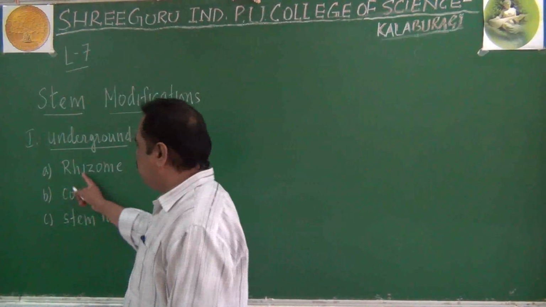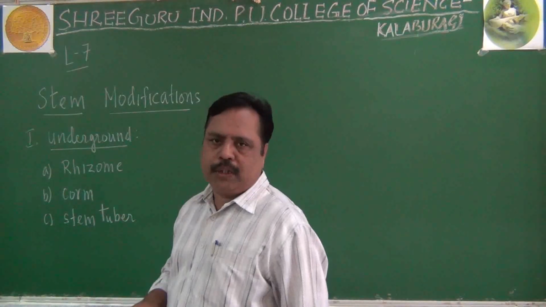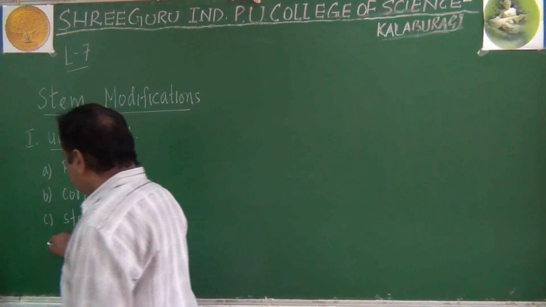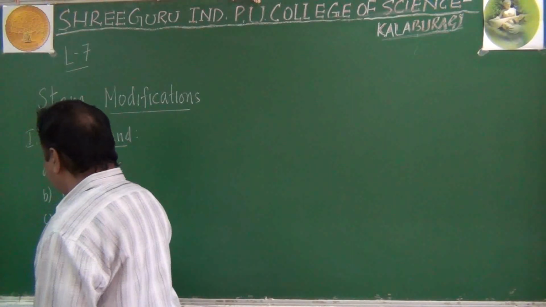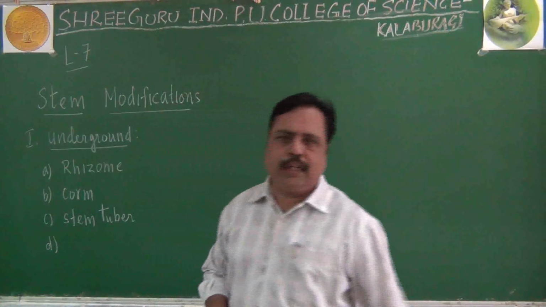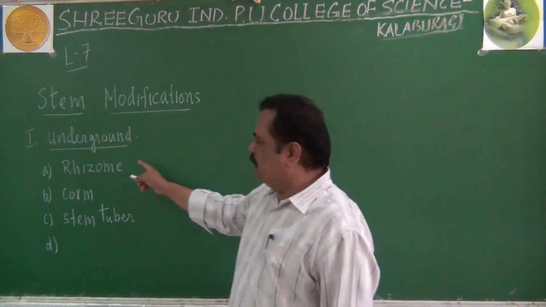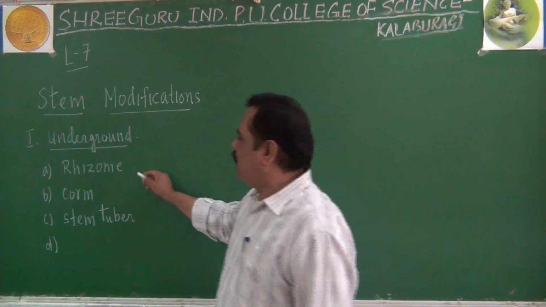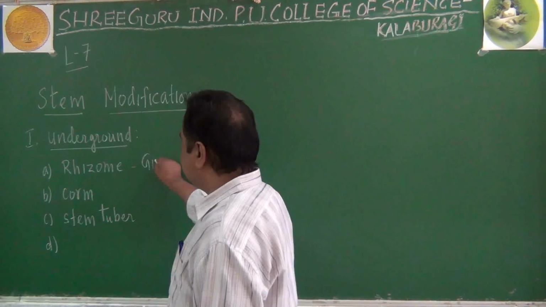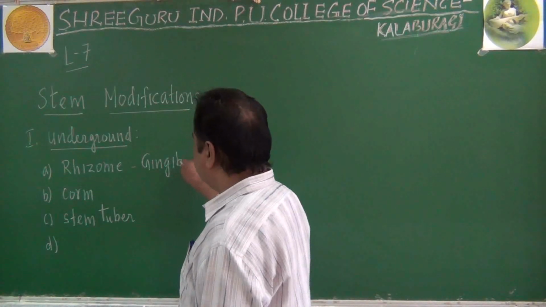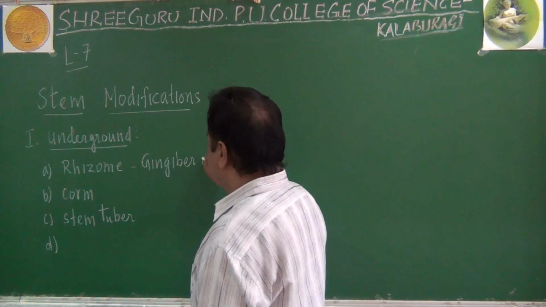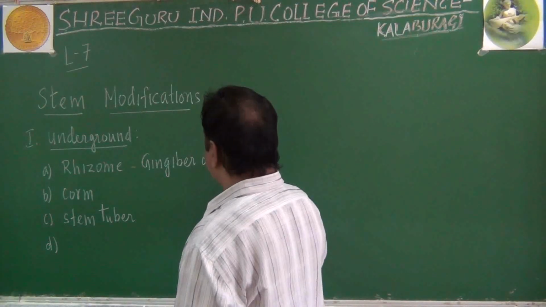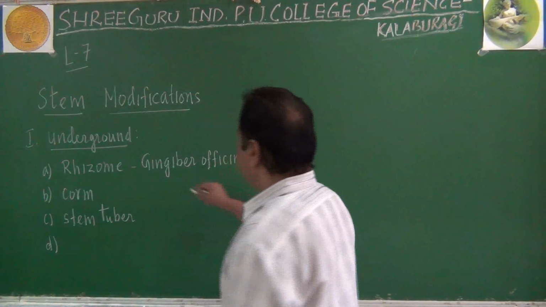In addition to rhizome, corm and stem tuber, we have seen a fourth type of underground modification also. You may recall that point. What is that? Rhizome, Zingiber officinale, that is the ginger. The biological name of ginger is Zingiber officinale.